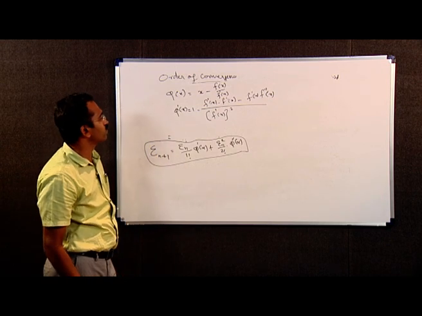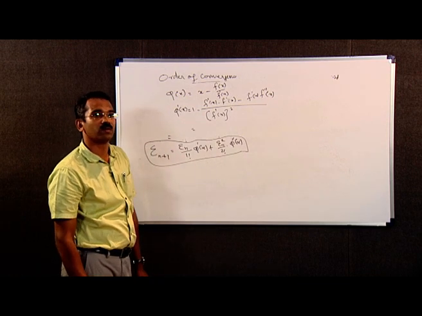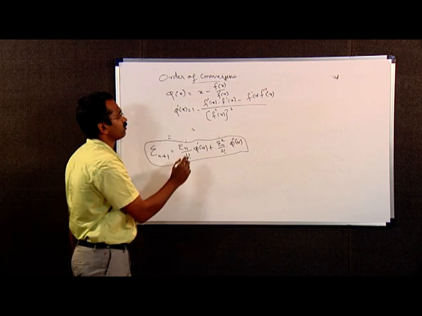That is equal to, on simplification, we will get f of x into f double dash of x.